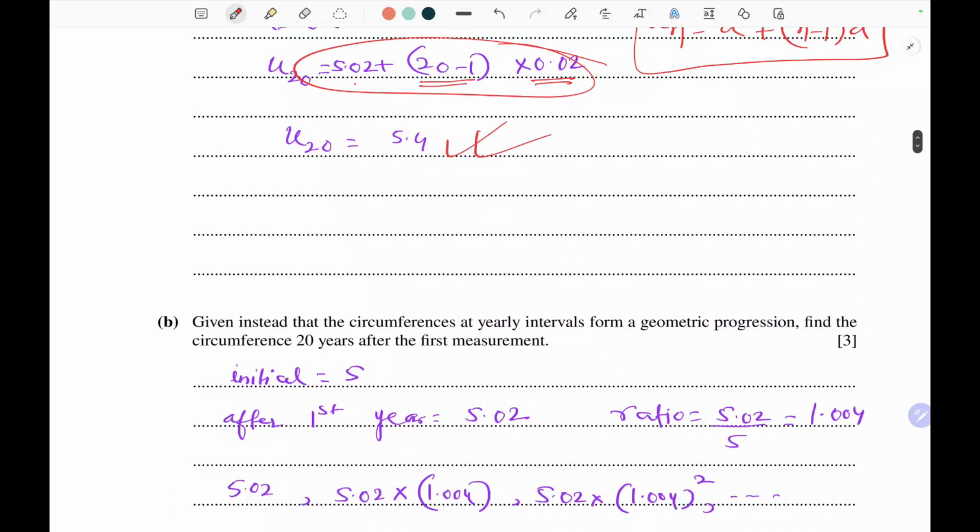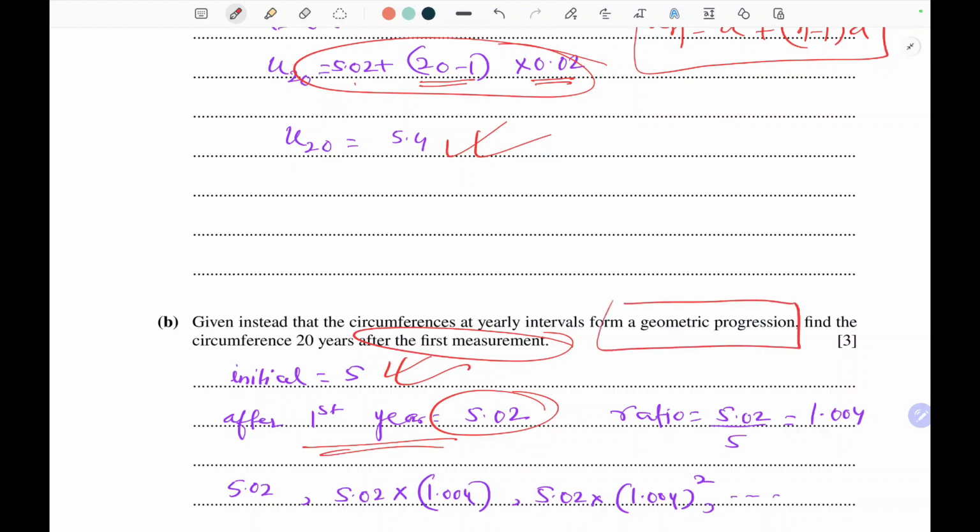Okay, now come to part B. That says, given instead the circumferences at yearly intervals form a geometric progression, find the circumference 20 years after the first measurement. Again, initially it was 5, but after the first year it is 5.02, and this time it is forming a geometric progression.